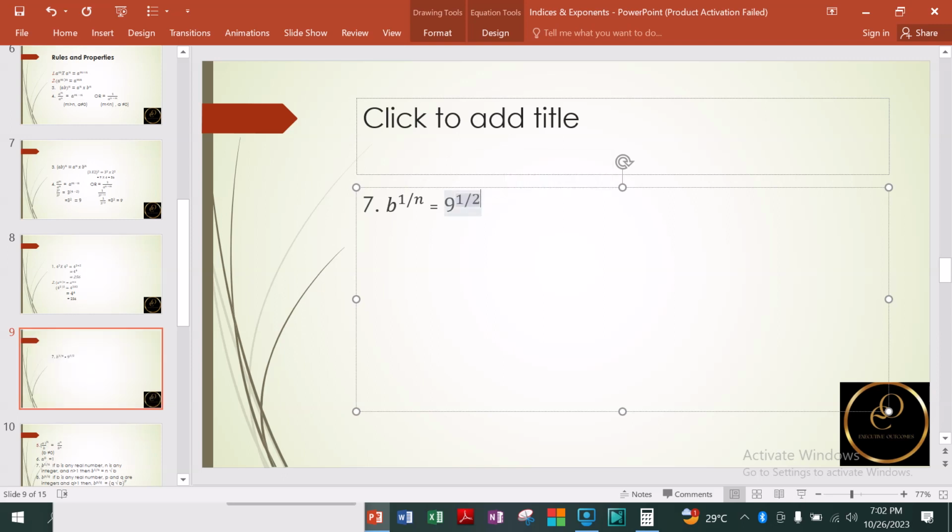Or let me put it this way, then be 27 raised to power 1 over 3.